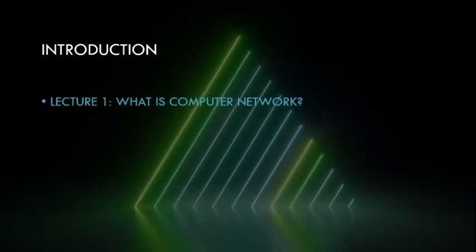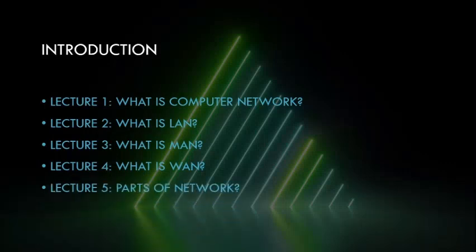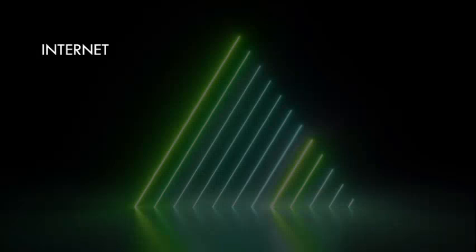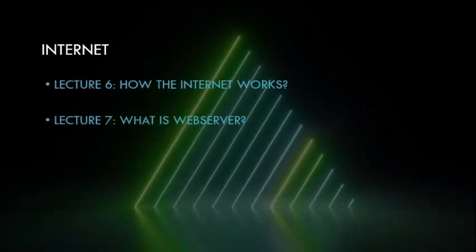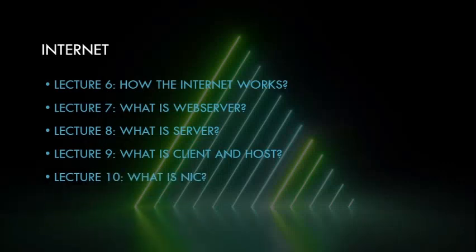In this introduction part, lecture one is what is a computer network, and we start with what is LAN, what is MAN, and what is WAN. Then the parts of networks, and after that the internet: how the internet works, what is a web server, what is a server, what is a client and host, what is a NIC, and what is a protocol.